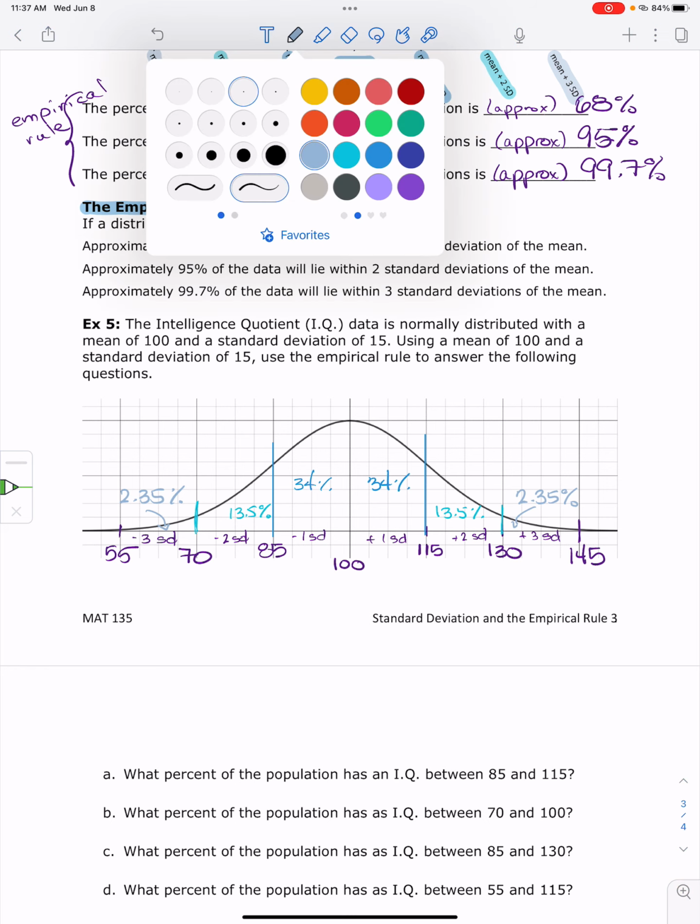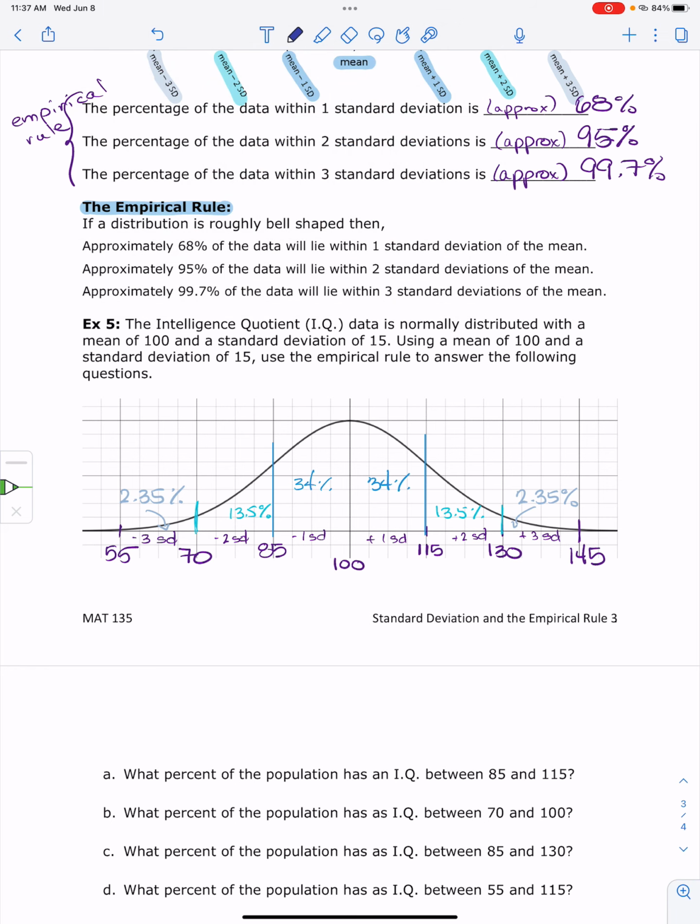That captures 99.7%, which means outside I have 0.15% that have an IQ of greater than 145, and 0.15% of the population that has an IQ less than 55.